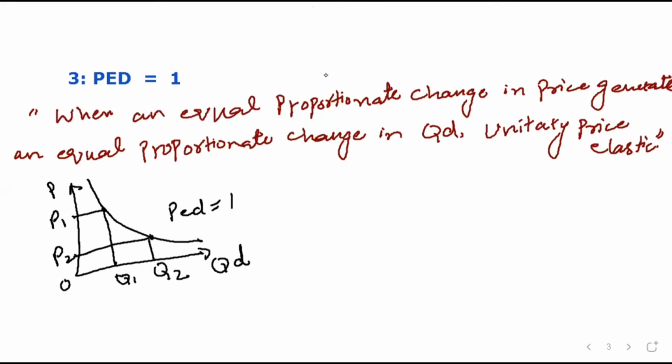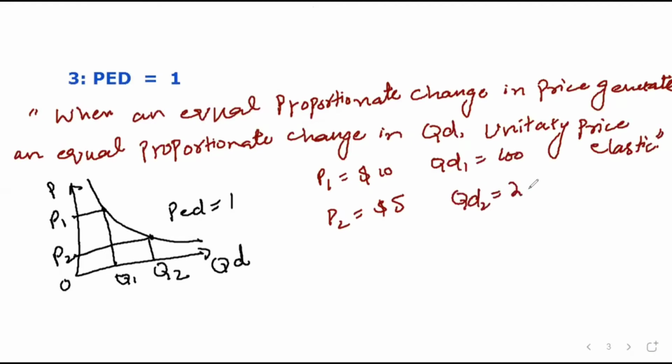Or if you want to take the numerical, then P1 is equal to $10, and P2 I am taking $5. I'm taking the example from the previous PED elastic demand. QD1 is 100 units and QD2 will be 200 units, so when price changes by just 5 units, demand changes by 100 units.